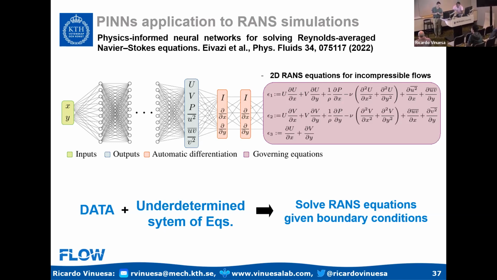Time is complicated. We have actually a couple of studies on being able to extend PINNs effectively to unsteady problems. And the biggest challenge there is that time becomes one additional spatial dimension. And remember that the MLP doesn't organize the data in space or in time. So suddenly all the steps are disorganized.